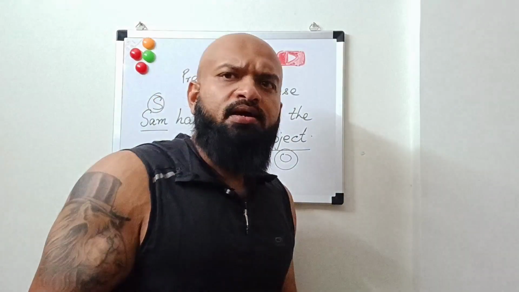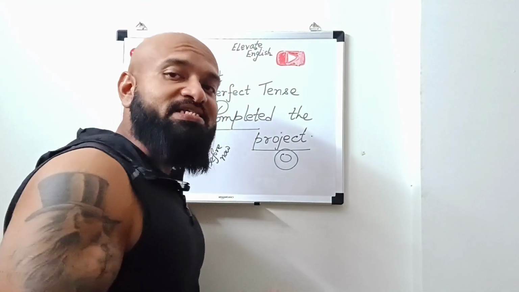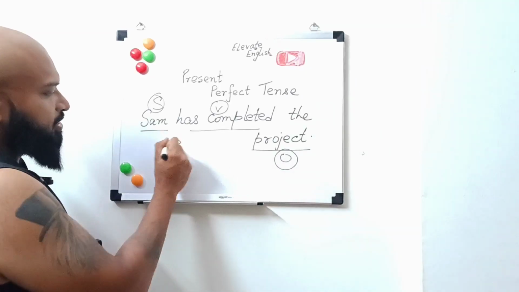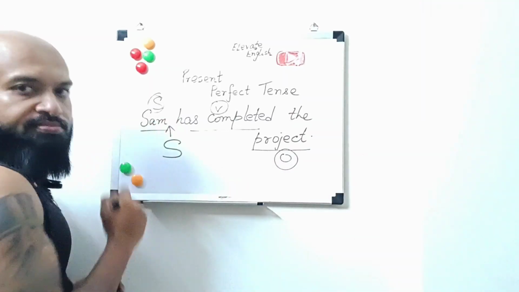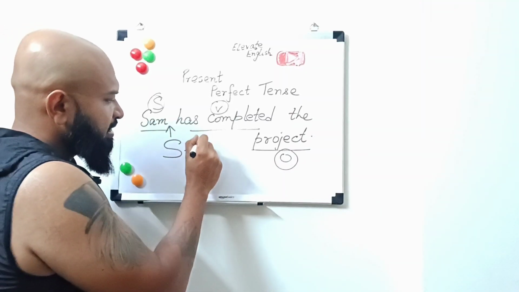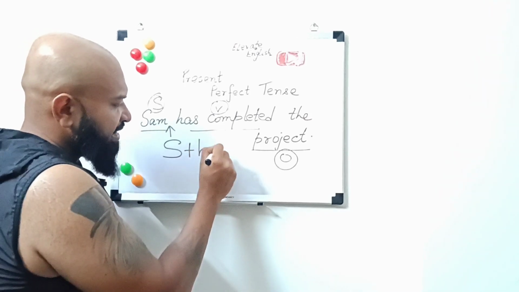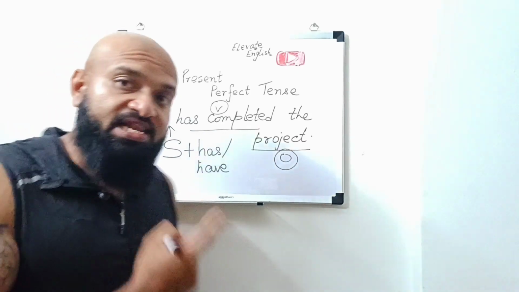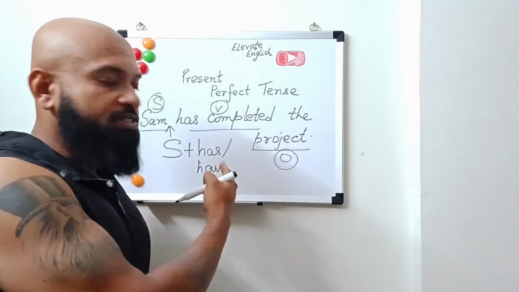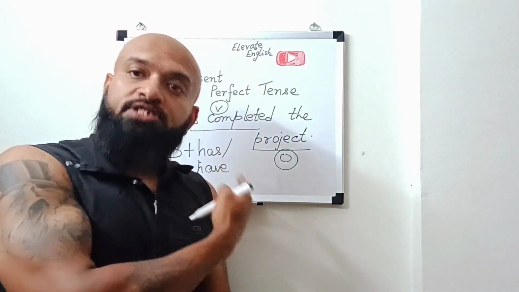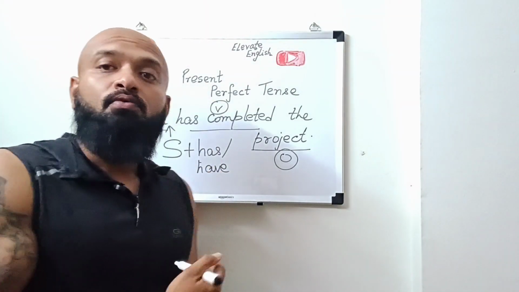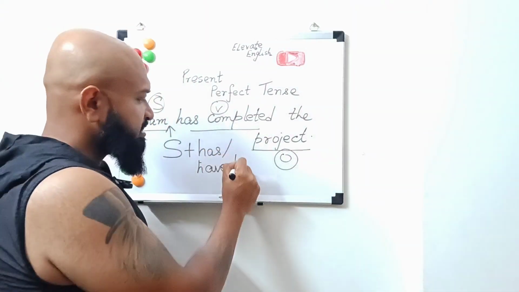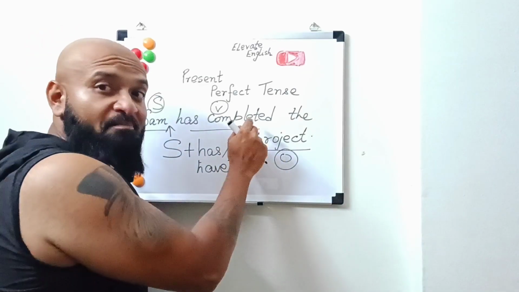So what's the formula then for framing sentences in the present perfect tense? We have a subject here, which is Sam, plus has or have, depending on the singularity or the plurality of the subject. For singular subject, we use has. For plural subject, we use have. So subject plus has or have plus, friends, completed.